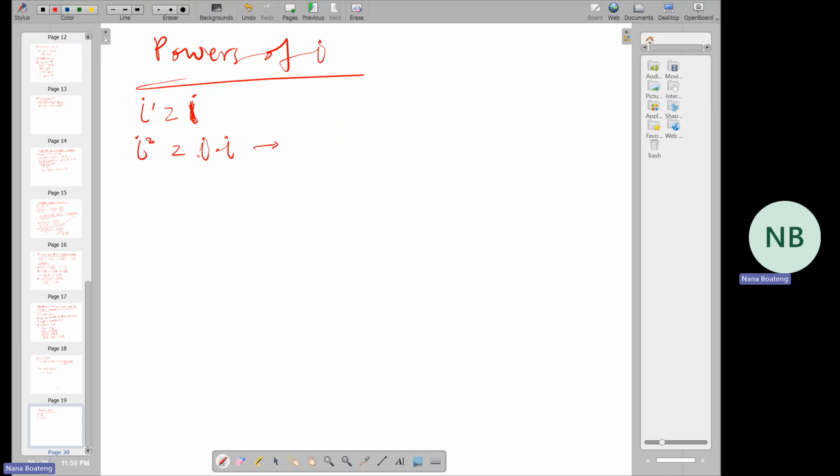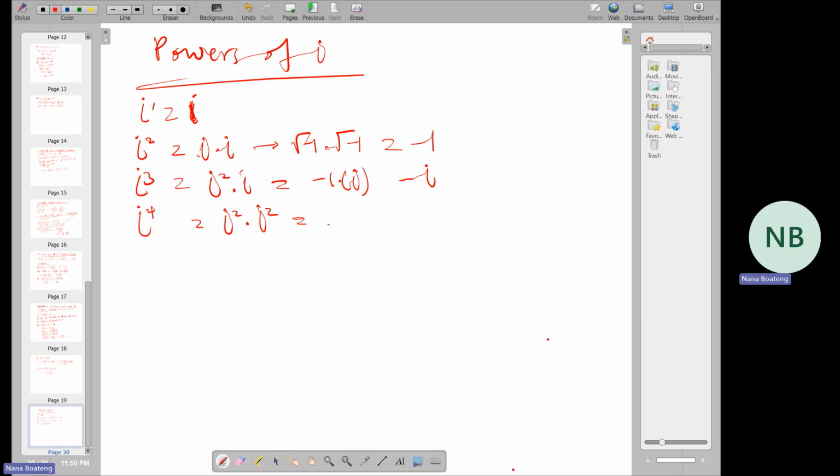So this becomes negative 1. i power 3 is the same thing as i squared times i. So this becomes negative 1 times i, so negative i. And i power 4 is i squared times i squared. So this is negative 1 times negative 1, which is positive 1.